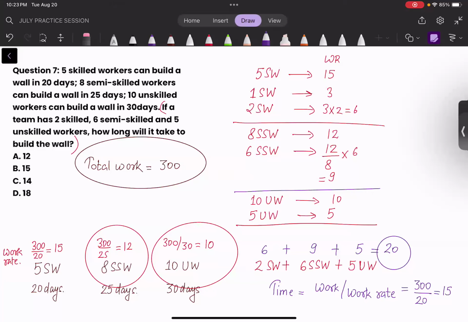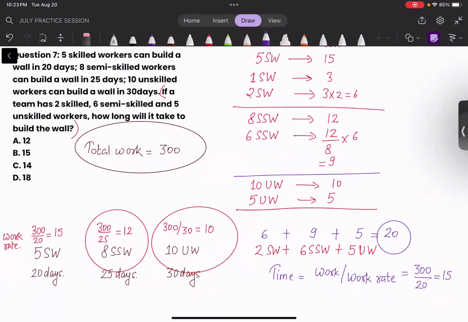Total work 300 because 300 is a multiple of 20, 25 and 30. Okay, think of it this way. 20 and 25, tell me a multiple of both.